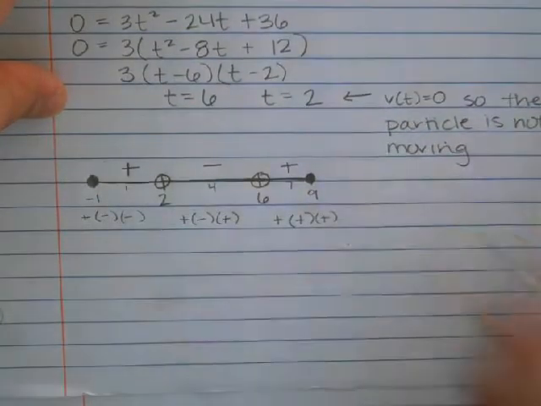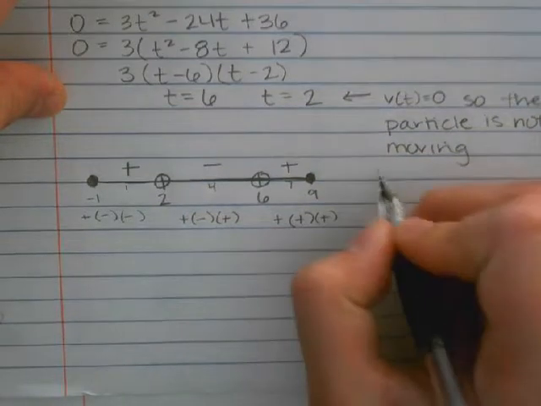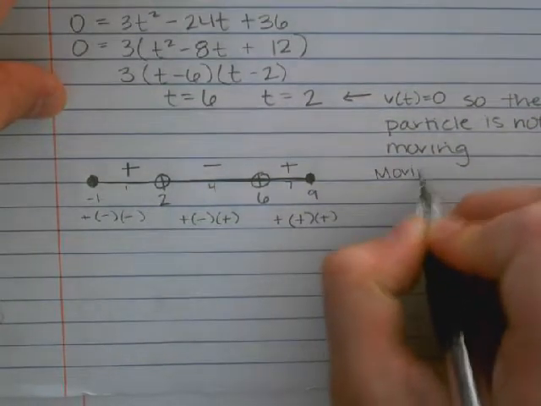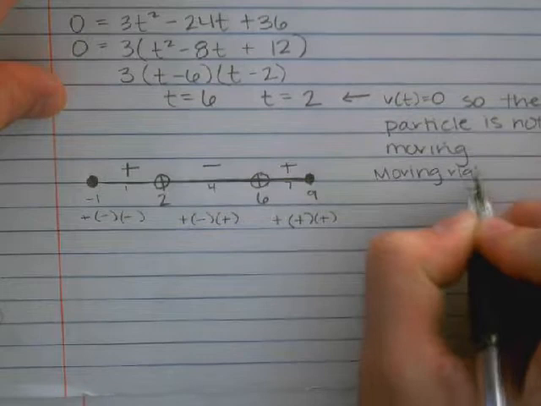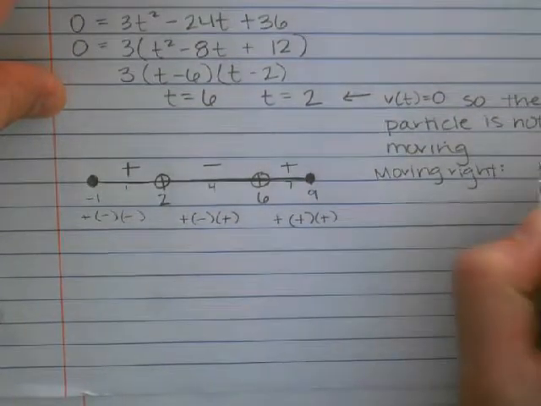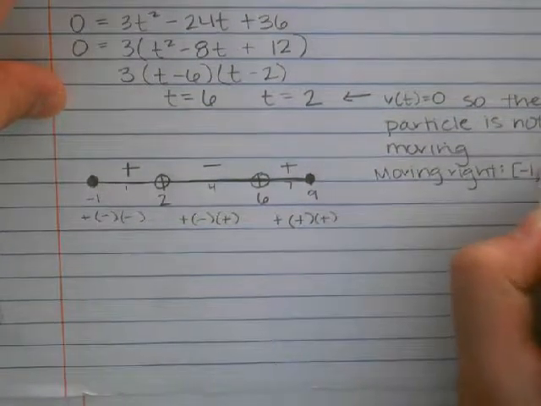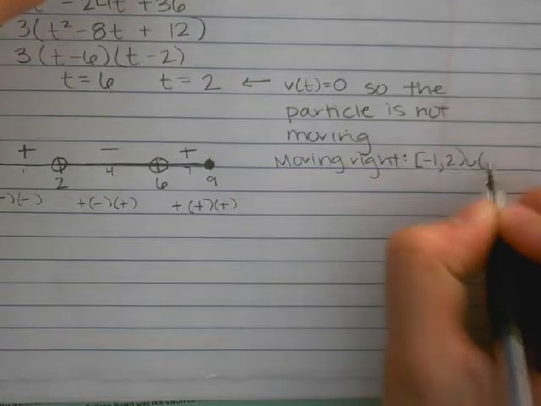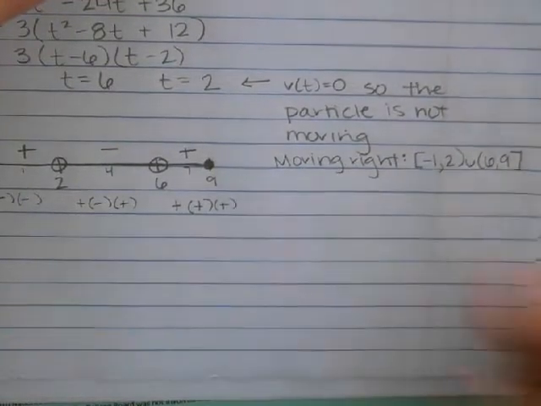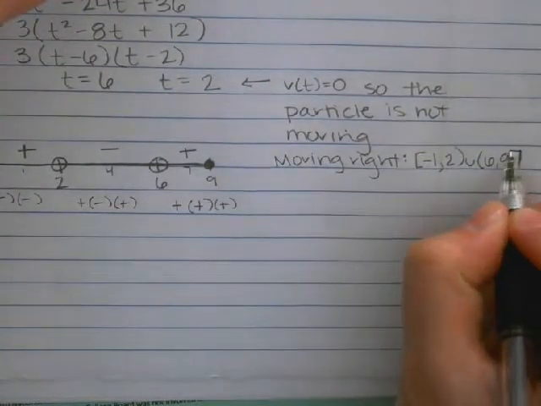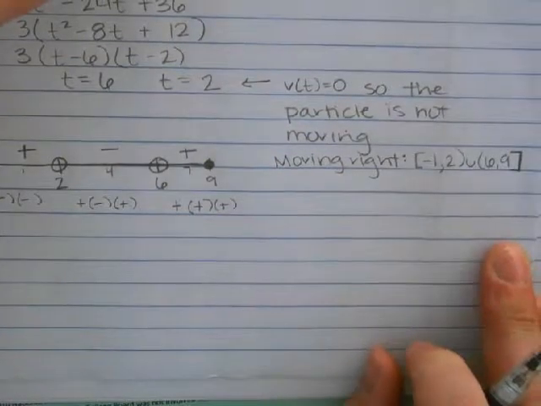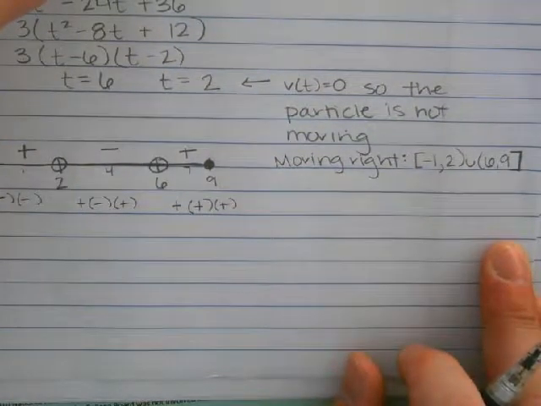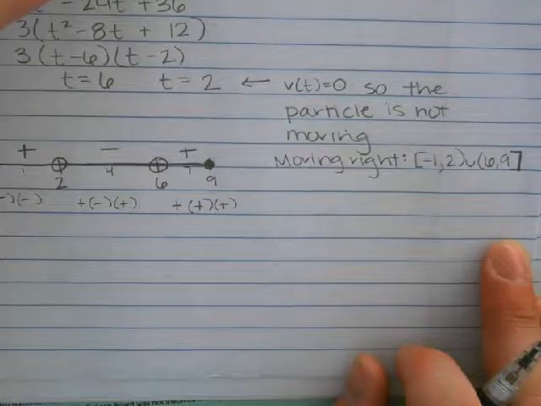All right, so based off this information, I'm going to say that the particle is moving to the right from -1 to 2 and from 6 to 9. I'm not including 2 and I'm not including 6 because the particle was not moving at those moments.